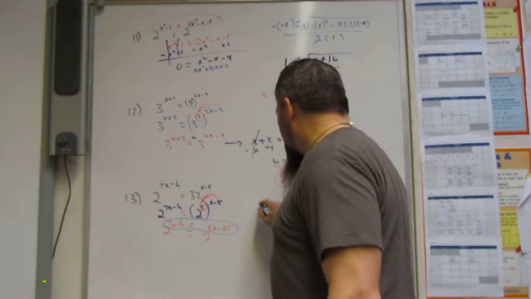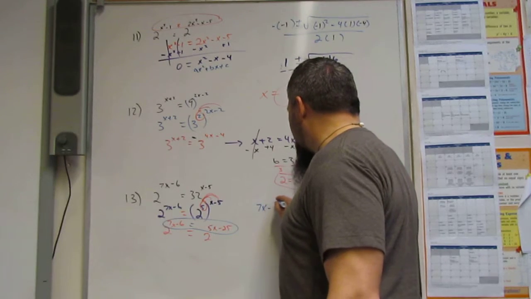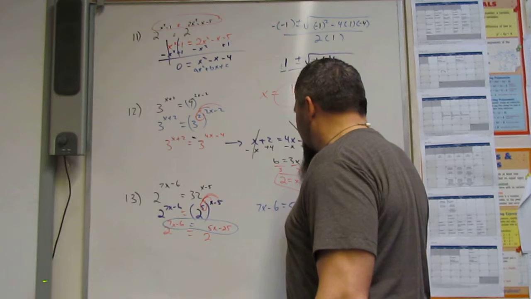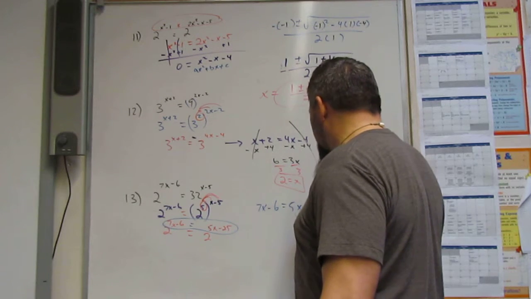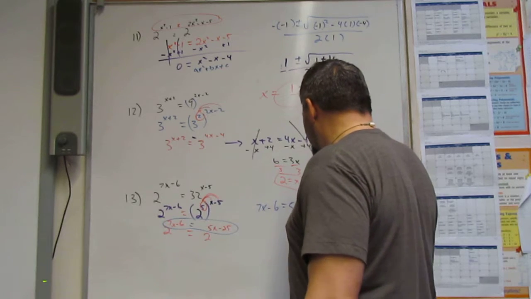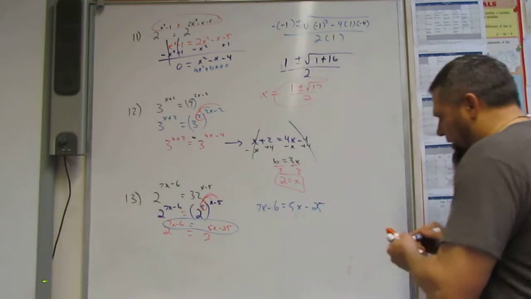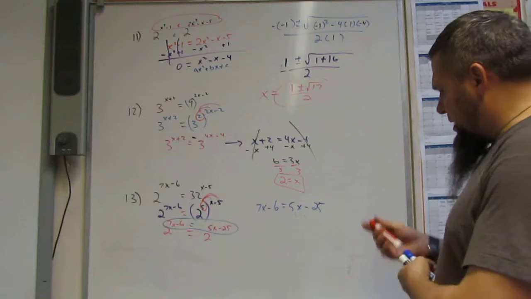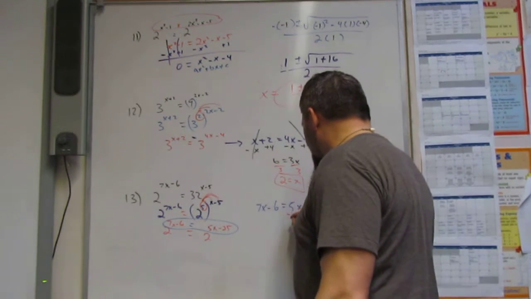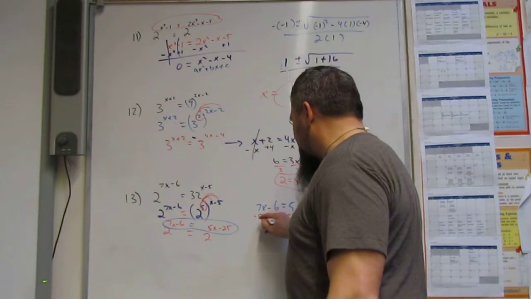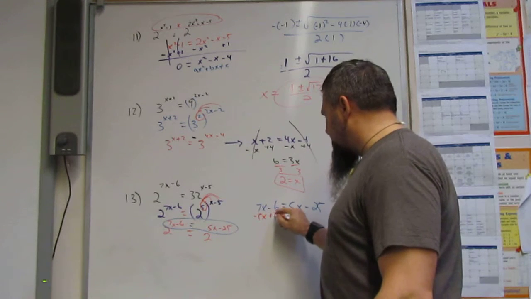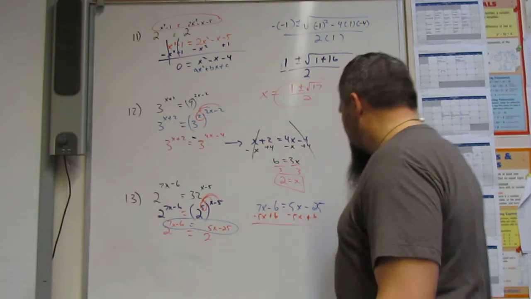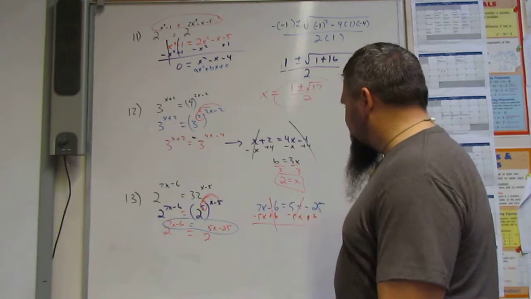So I have 7x minus 6 is equal to 5x minus 25. Okay? And now I can subtract 5x because I take the lowest x, right? And since I moved it from this side, I got to move it from that side. Plus 6, plus 6. That way I kill 2 birds with 1 stone.